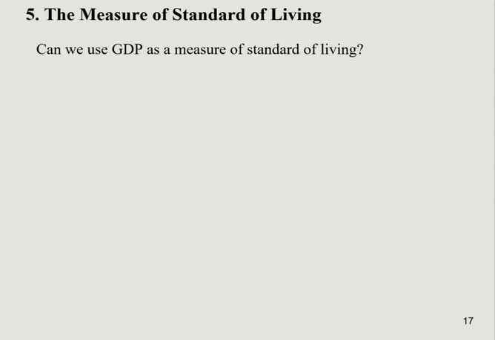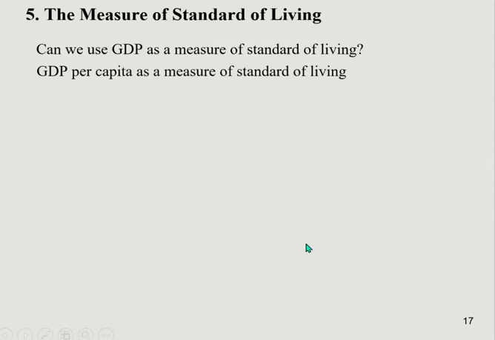So here, the first thing is we have to remove the size effect. In other words, when we look at the standard of living for a typical person in an economy, we're not really talking about how big the economic pie is. Instead, we're talking about how big the slice of the pie a typical citizen will receive.